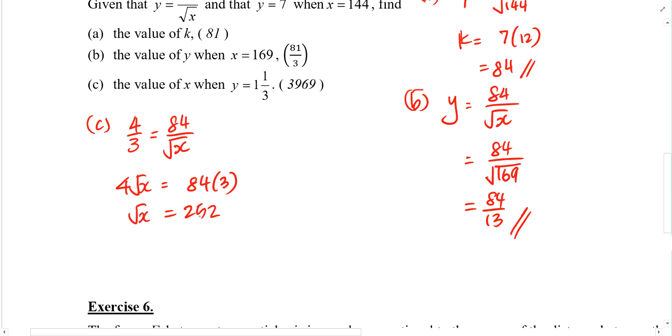Square root x must be 252 divided by 4 equals 63. X must be 63 squared, which is 3969. So these are the answers.